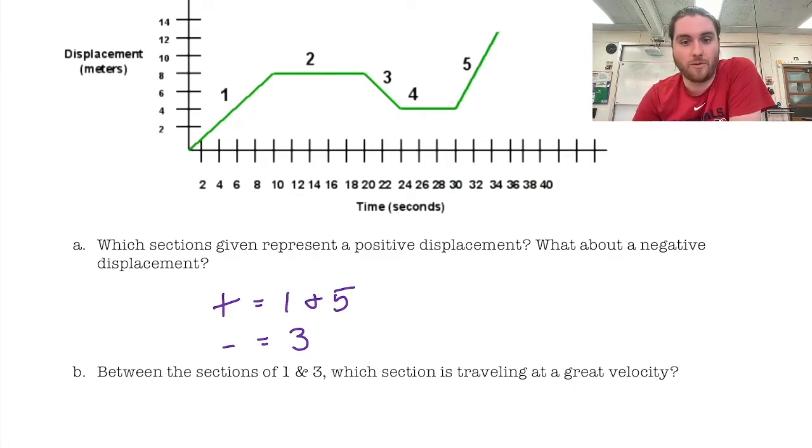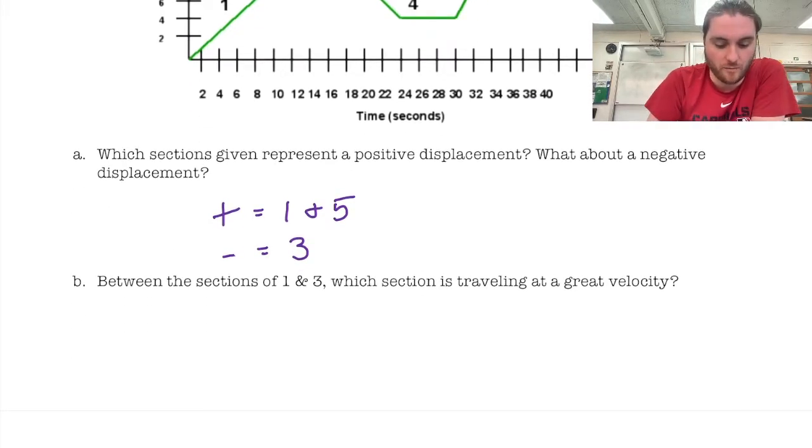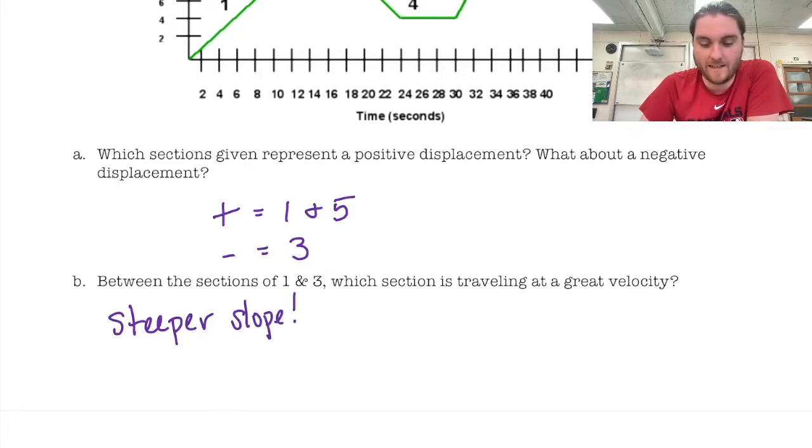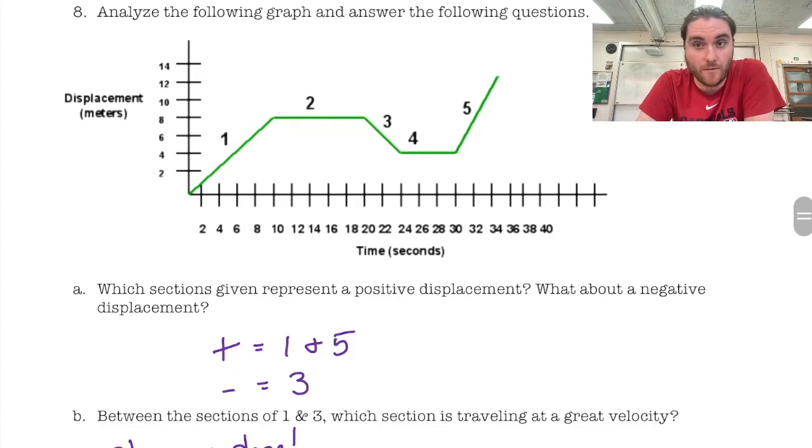Between sections 1 and 3, which section is traveling at a greater velocity? Here I can see that it's 3, and let's describe why. It's whichever one has the steeper slope. 1 and 3 are positive and negative, so they're traveling in different directions, but 3 is traveling faster. Let me show you why.